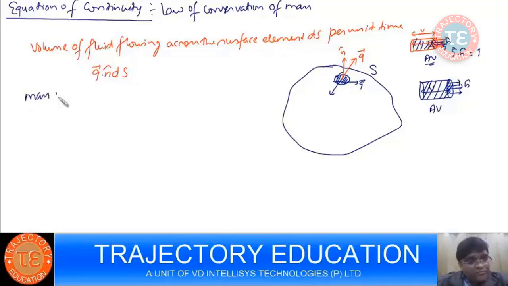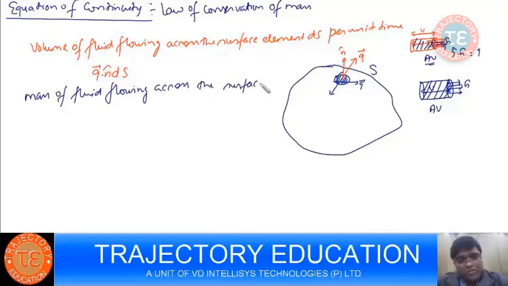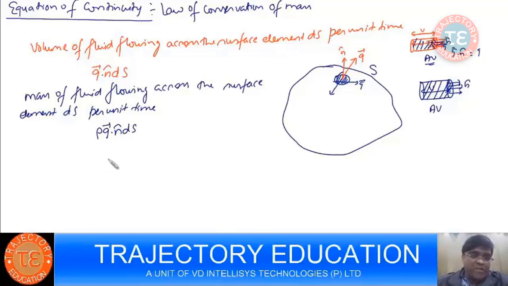And if I ask you what is the mass of fluid flowing across the surface element ds per unit time, that is rho q dot n ds. This is the mass of fluid flowing across ds per unit time.